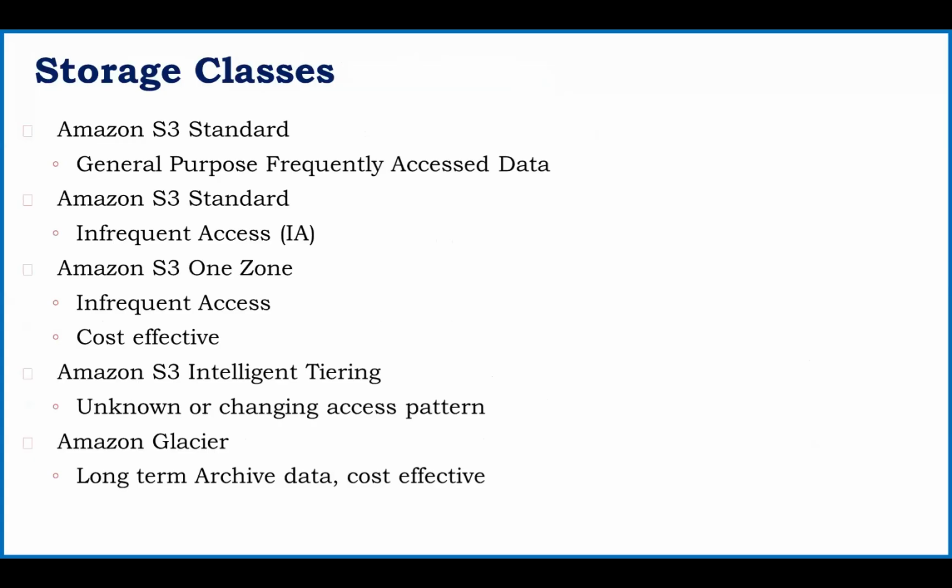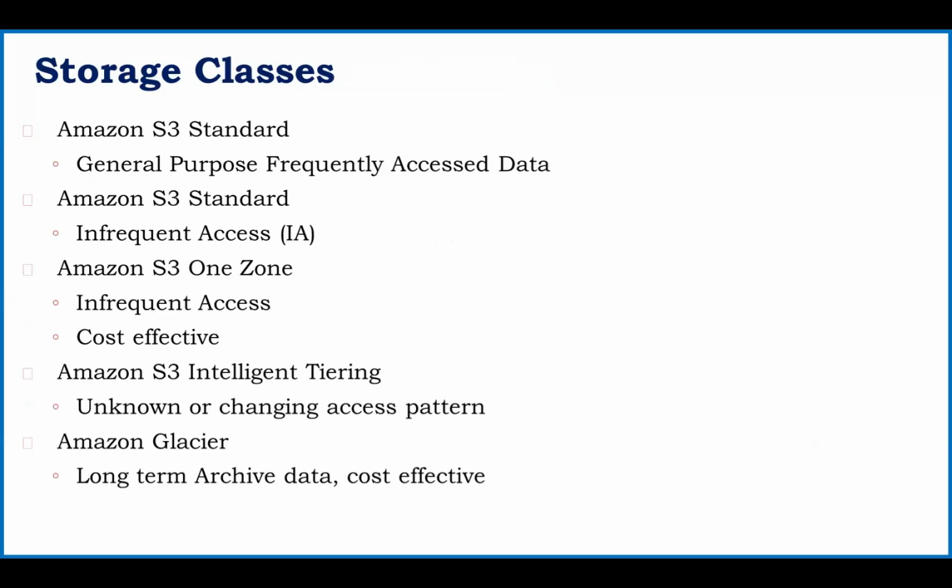So I was talking about storage classes. Amazon S3 Standard stands for general-purpose, frequently accessed data. Let's say you have any data or application that uses data frequently, then you can use general-purpose frequent access here.